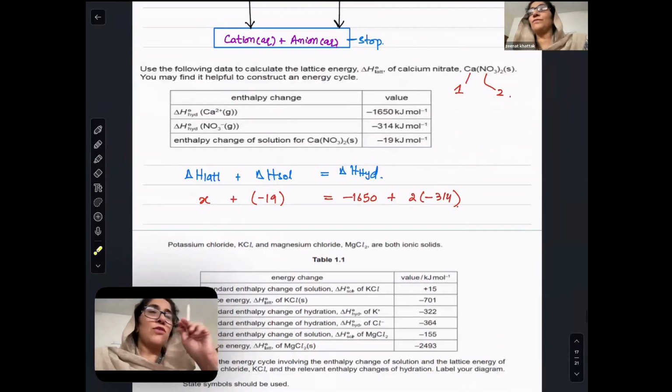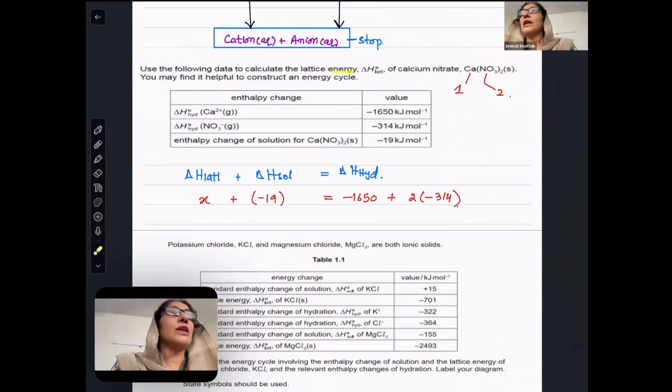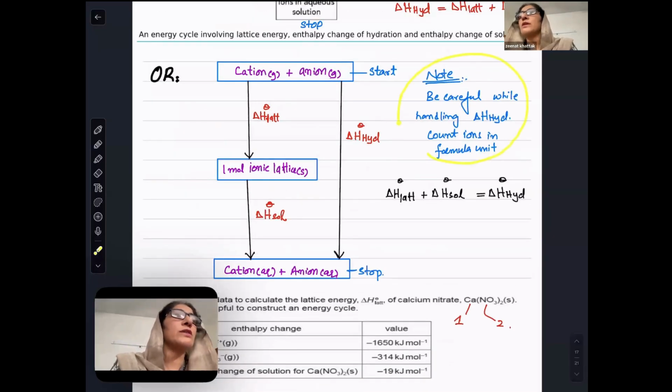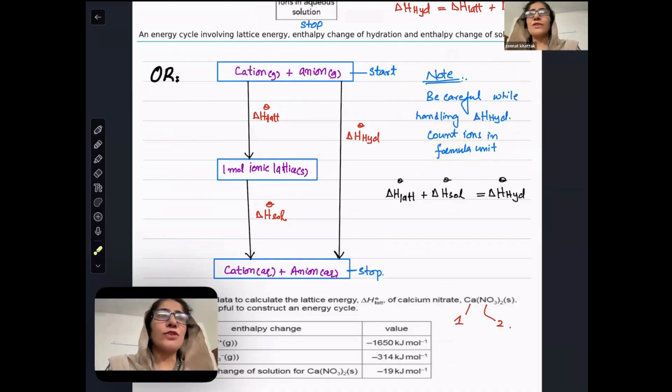Look at this question. Calculate lattice energy. You are provided with hydration of nitrate, hydration of calcium, and solution of nitrate. Be careful about delta H hydration handling, because it is for ions. So count the ions in your salt.